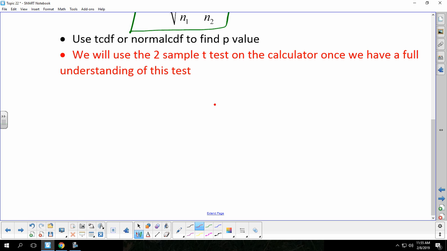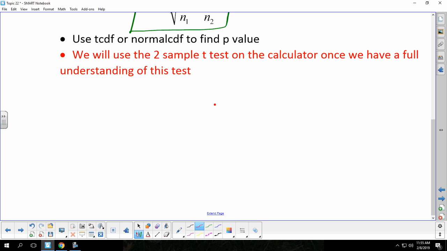On our TIs, we're going to go into the stat program and then go over to tests. This is a 2-sample t-test. I'm going to type in stats. So x bar 1, my New Orleans, is 88.42.